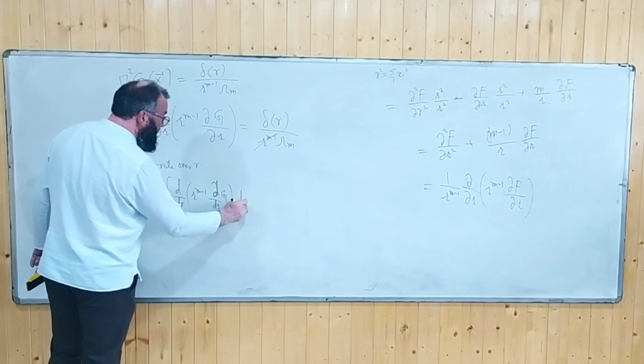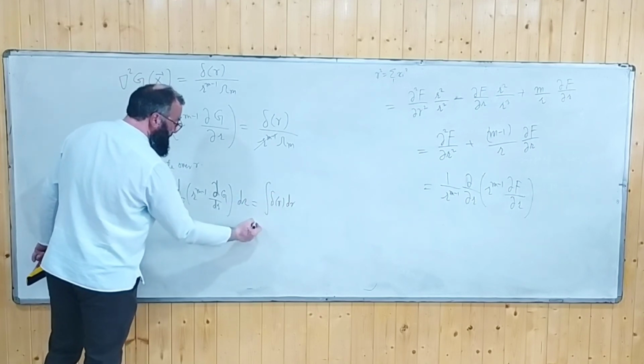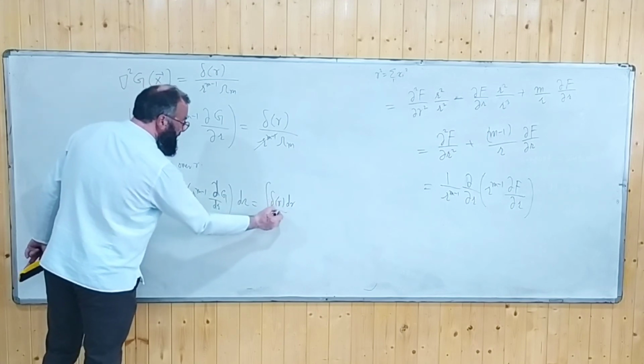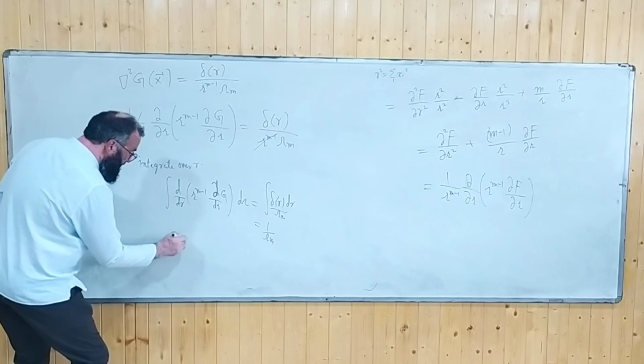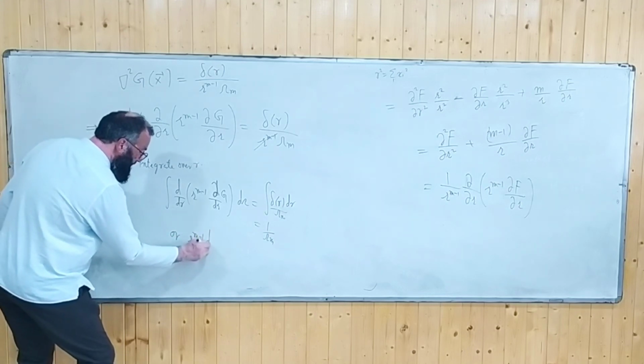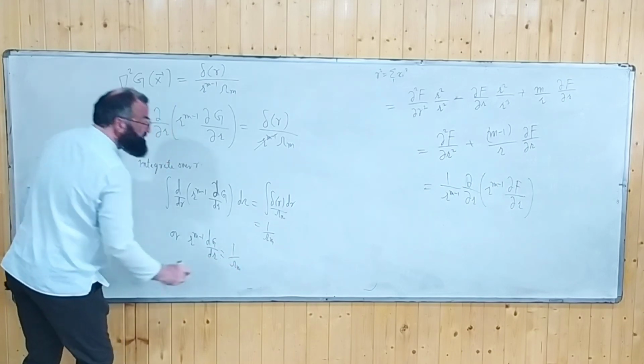So d by dr of r raised to m minus 1 dg by dr is equal to delta of r dr, which is equal to 1 by omega m. So it will be simply r raised to m minus 1 dg by dr equal to 1 by omega m. Clear?